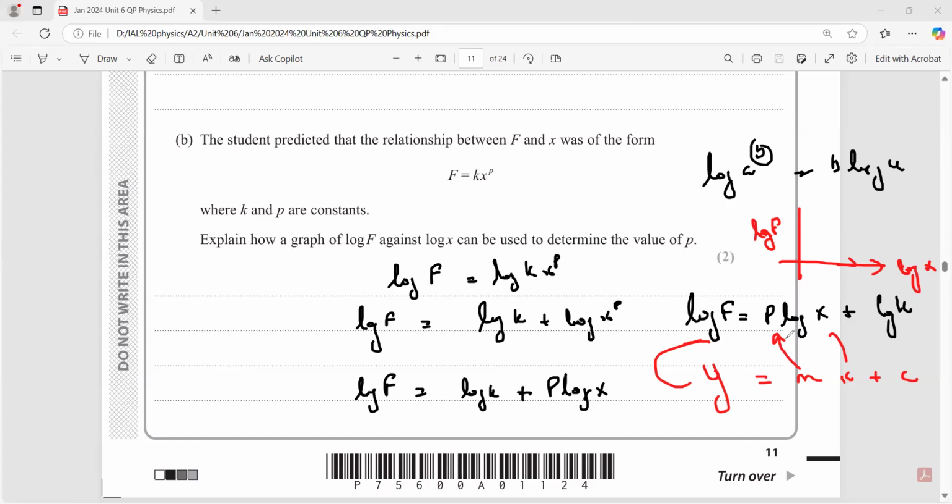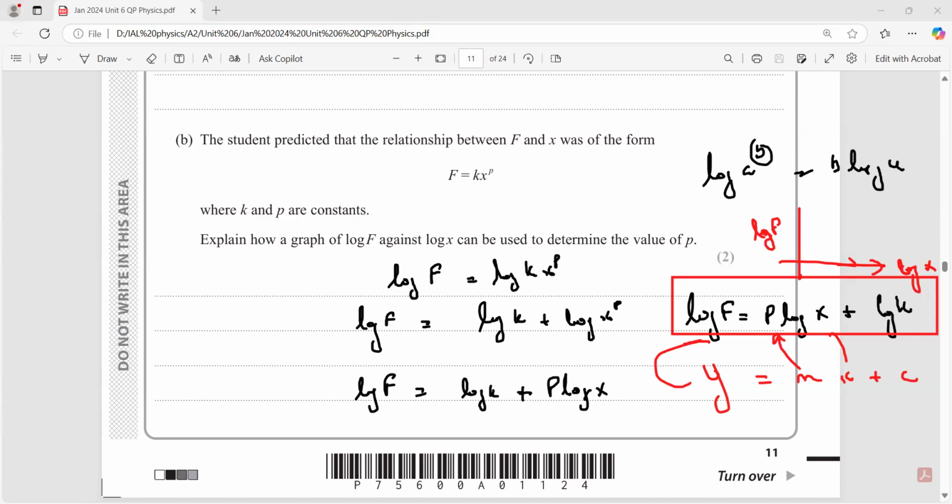You don't have to show this whole solution in the exam. You can write the direct answer, but to work it out you have to rearrange the equation. So first you write this equation, then you say plot log F on the y-axis and log x on the x-axis, and the gradient of the graph will give us the value of p.